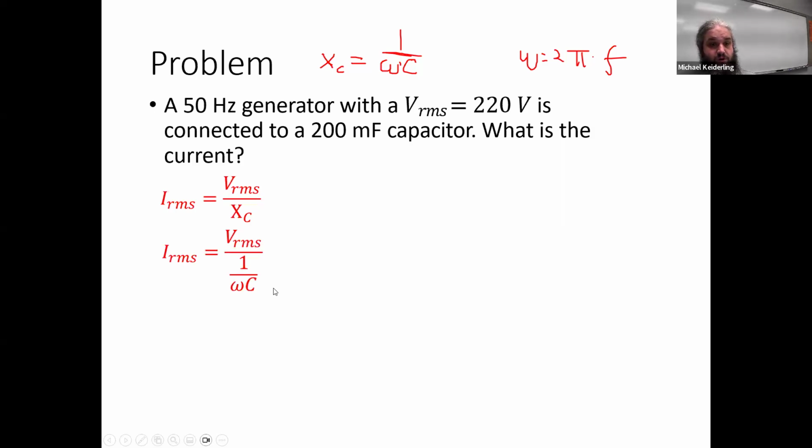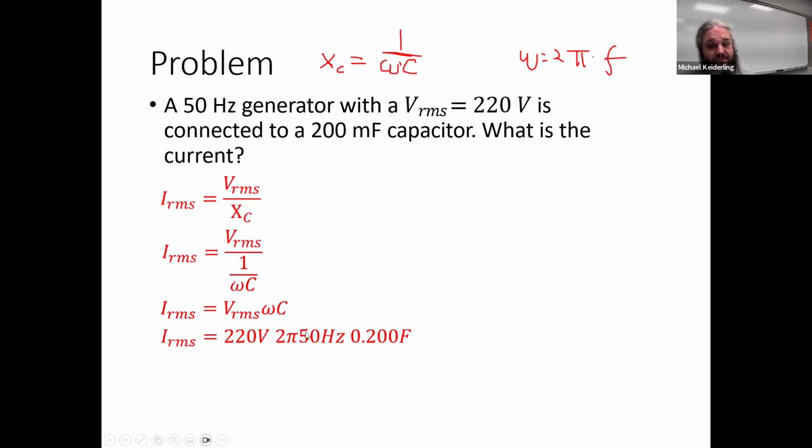So that's voltage root mean squared over 1 over omega C. So voltage root mean squared times omega C. So 220 volts times 2 pi times 50 hertz times 0.2 farads gives 13,823 amps. This is a big capacitor.